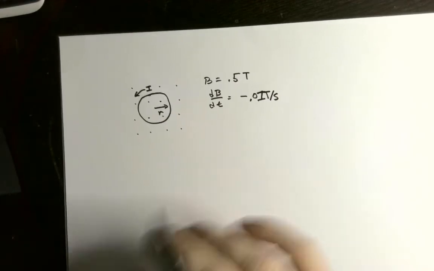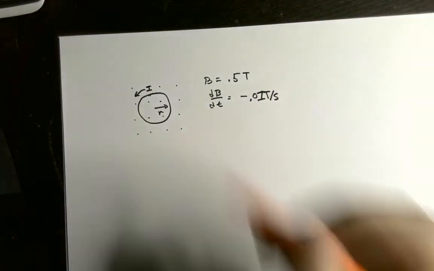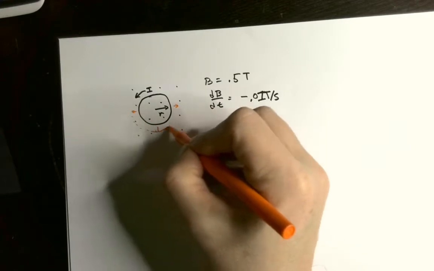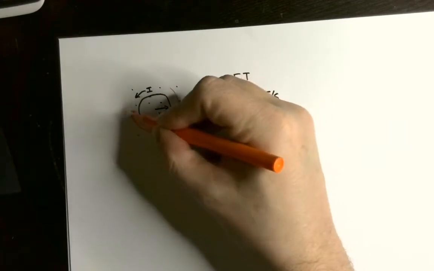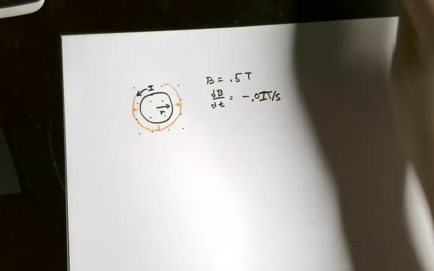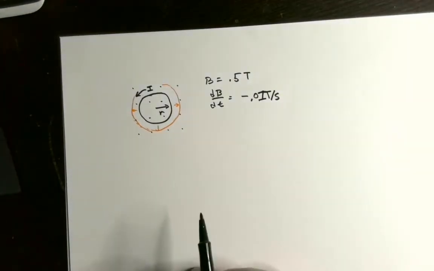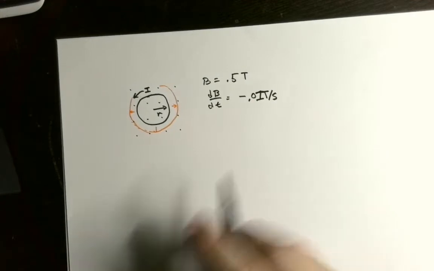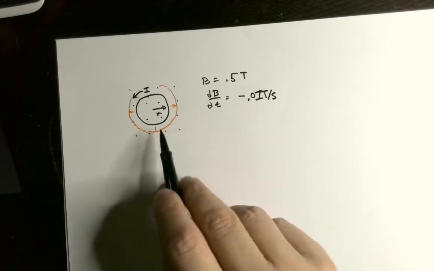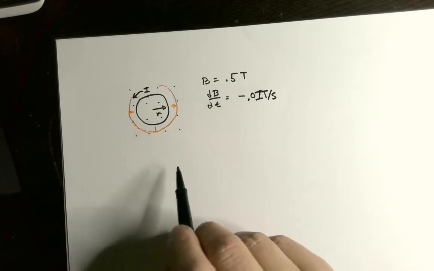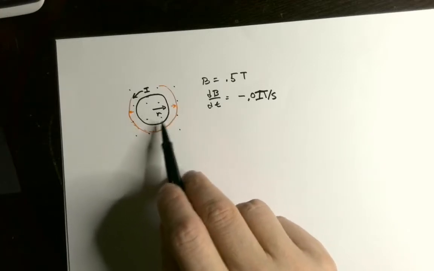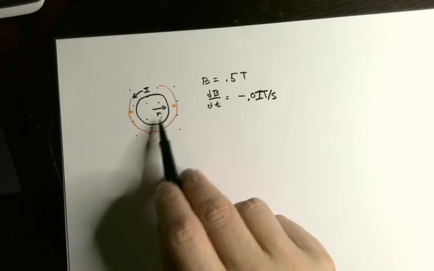But instead of that, what we're being asked is, at what rate could we increase the radius of the loop such that it cancels out that change in flux? We could calculate the EMF generated by this change and then calculate the corresponding EMF generated by the change in r.